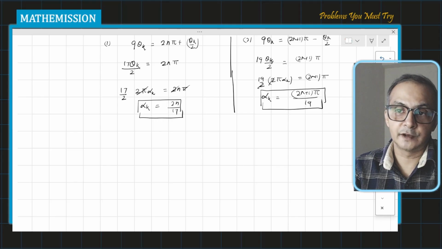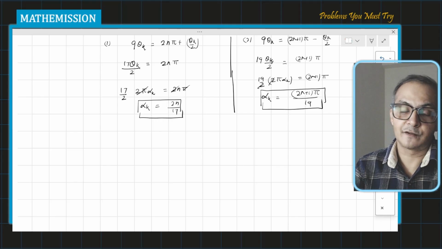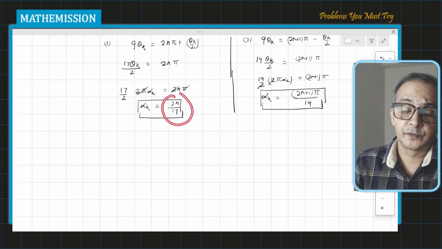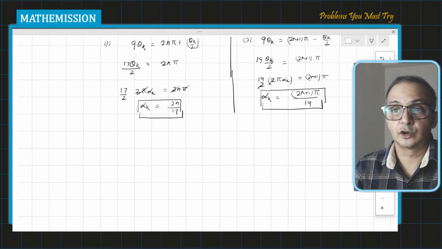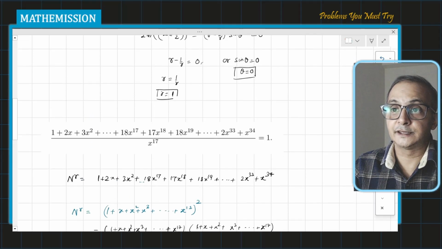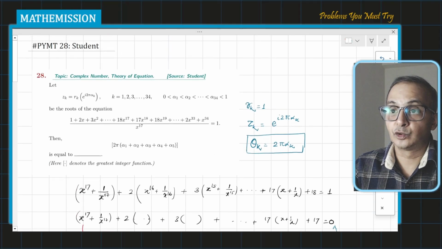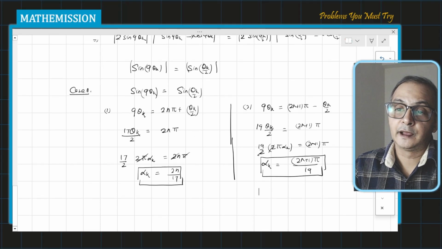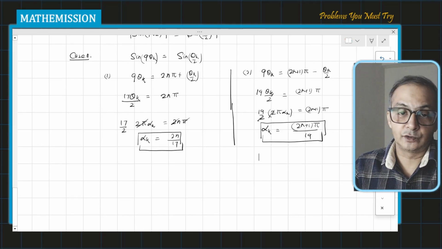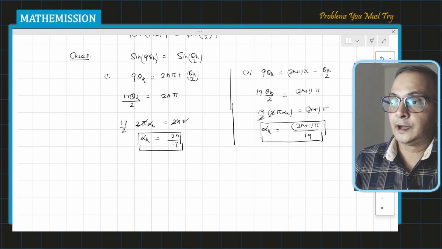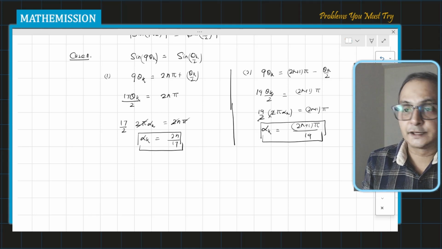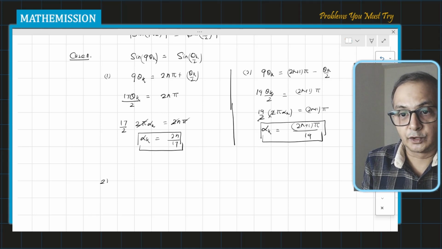Which means that when we say alpha 1, it means we are finding the first smallest value just by giving integer values to n, and all are positive, because you can notice that alpha k is lying between 0 and 1, so all are positive, and so we cannot put n as negative integers. Now this is the first case we got. Now what about the second case?